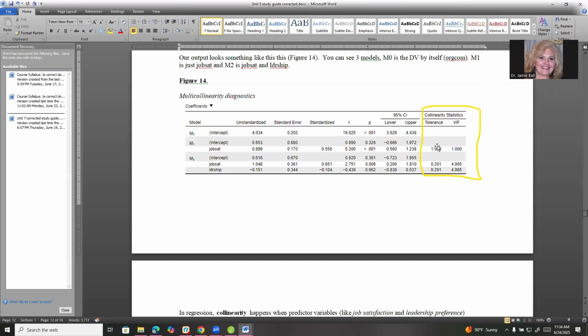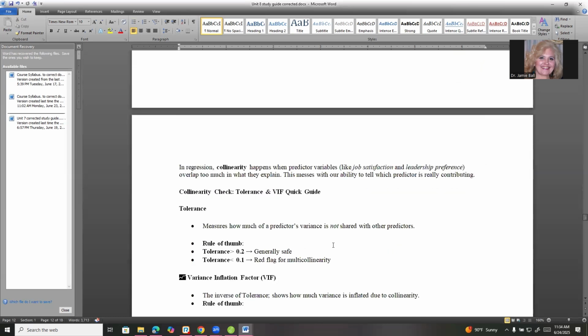Okay. So for tolerance, I'm going to look at my models. There's model 1, which is 1 because it's only considering one variable. But I'm concerned with model 2 because it has both independent variables. Mine's 0.2 on both, so that's good. We're good there.